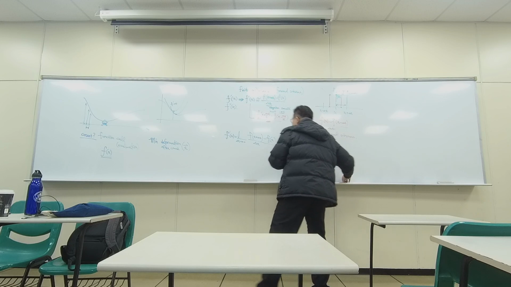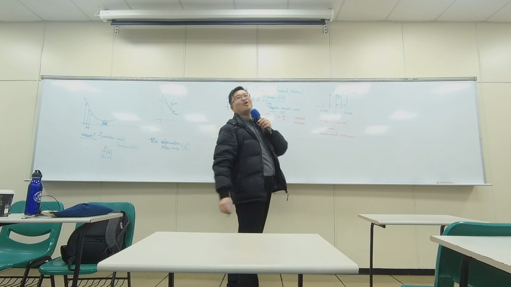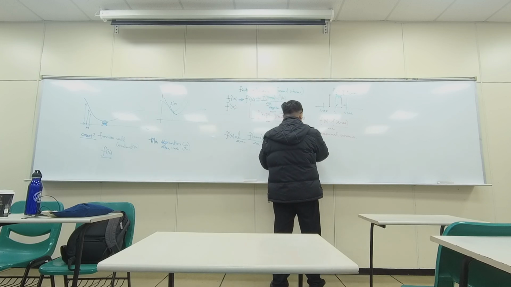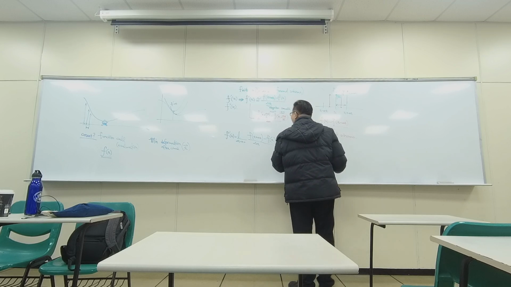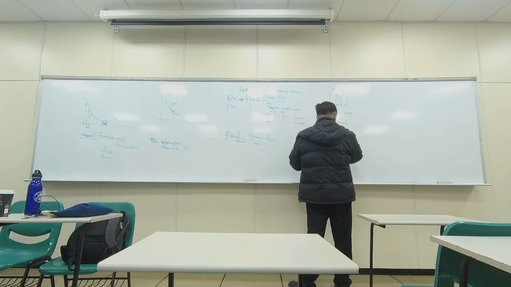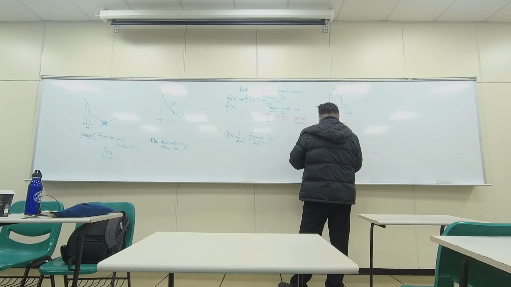How about f double prime? Okay? Let's do a homework. Number 1. Prove that f double prime of x can be approximated by something over del x squared.